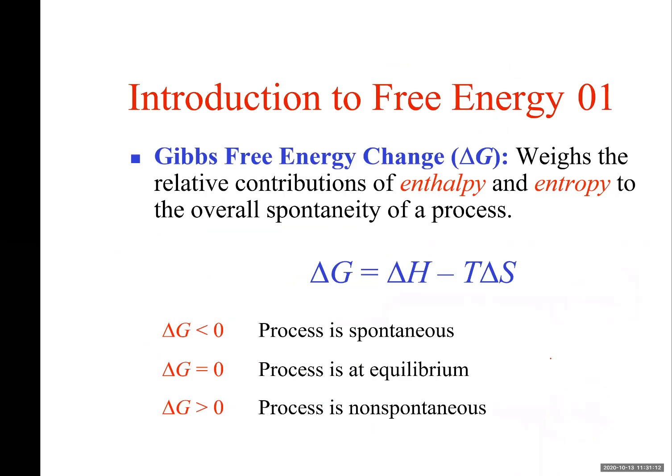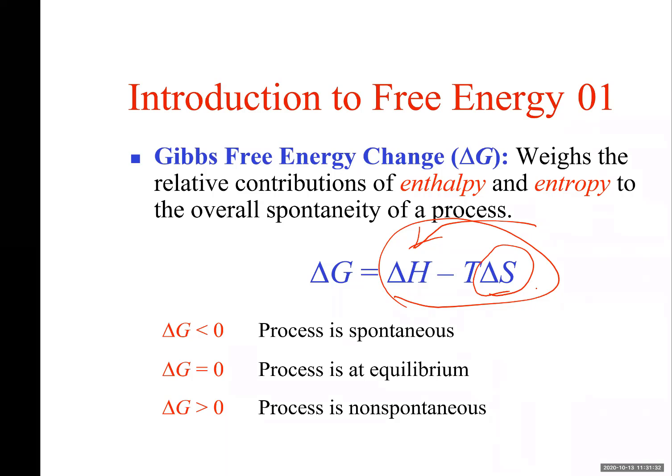So next, if I want to decide whether a reaction is going to happen spontaneously or not, I have to combine these factors. One factor is change of enthalpy, which means change of energy content. The other factor is change of order. Temperature matters as well. This is absolute temperature.